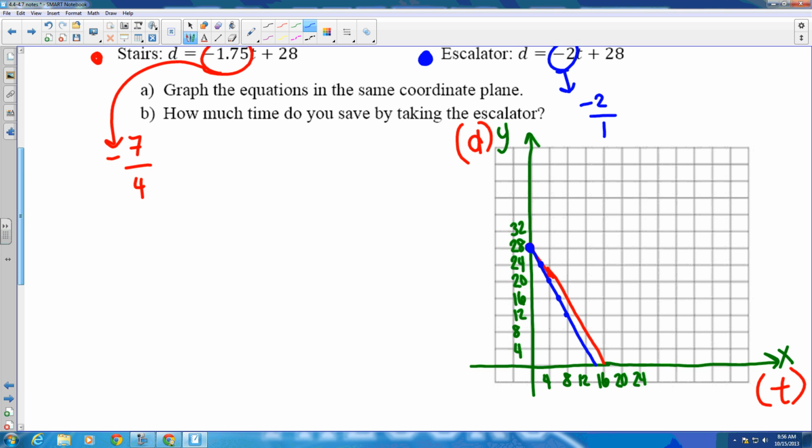Okay, so that is as straight as I could possibly go. That was graphing them, part A. And how much time do you save by taking the escalator? Well, the escalator is the blue one, and it looks like it's about 2. And we're in seconds, so about 2 seconds. That's for part B.